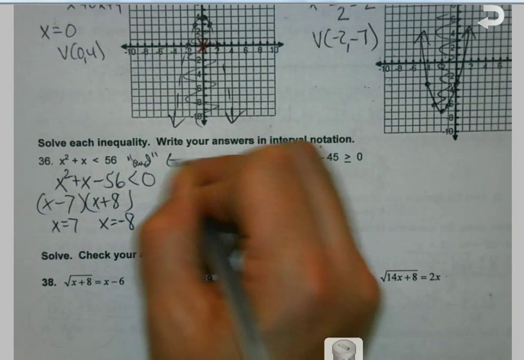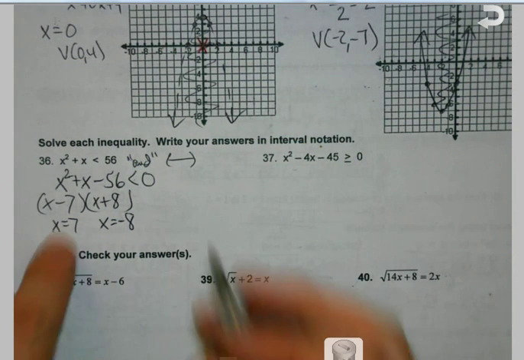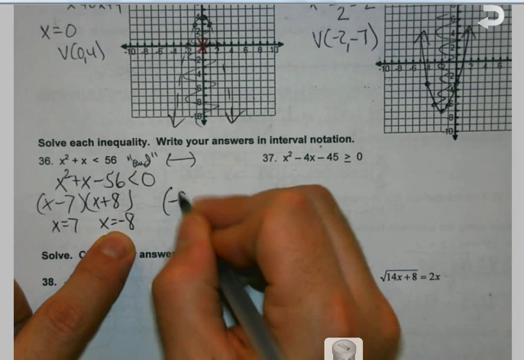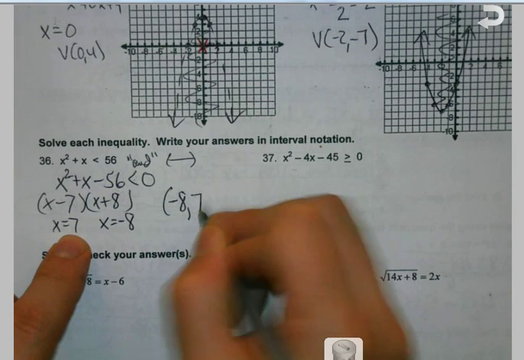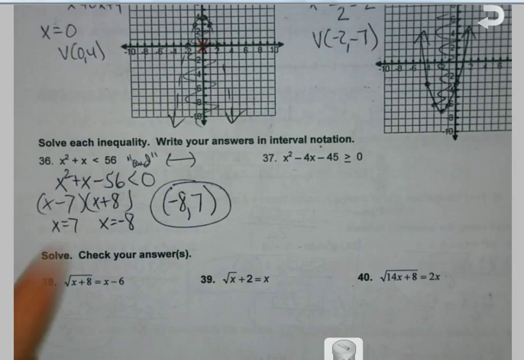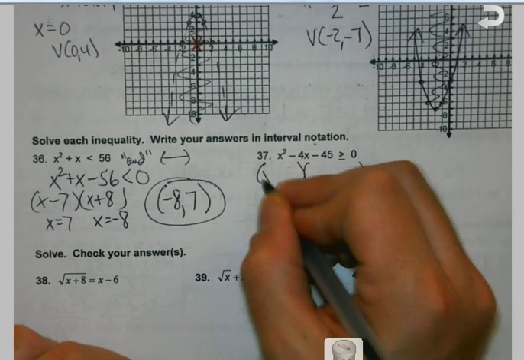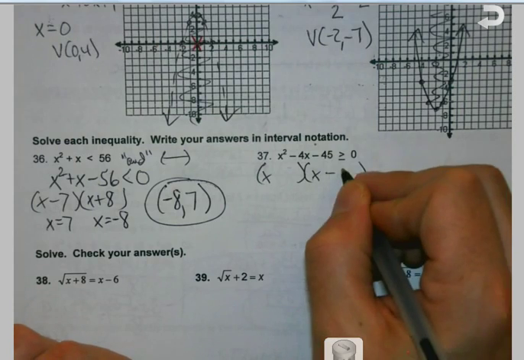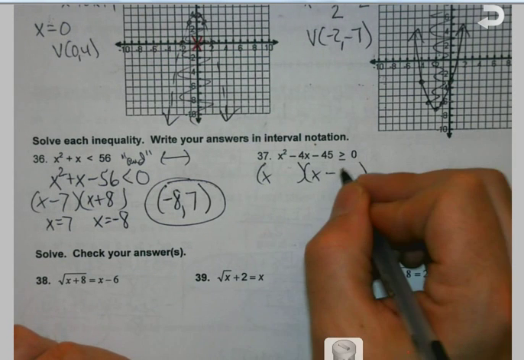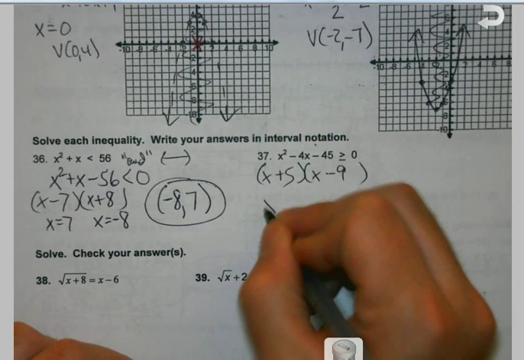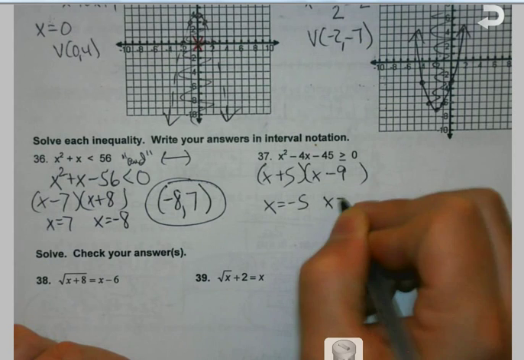In other words, I'm going to be going with my least value to my greatest, and it's just going to be in between. Could I draw out a number line? Yes. Is that going to get a little time consuming? Yes. So when I'm doing these, again, it's all about recognition that I can graph right away, or in this case, factor right away.